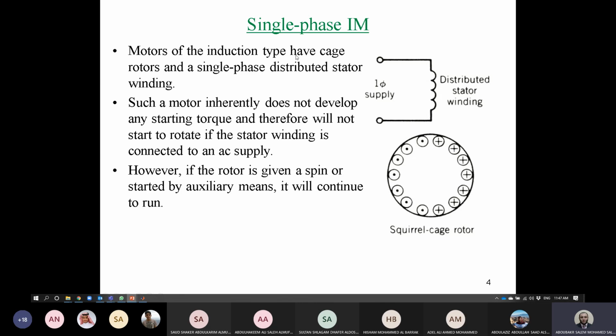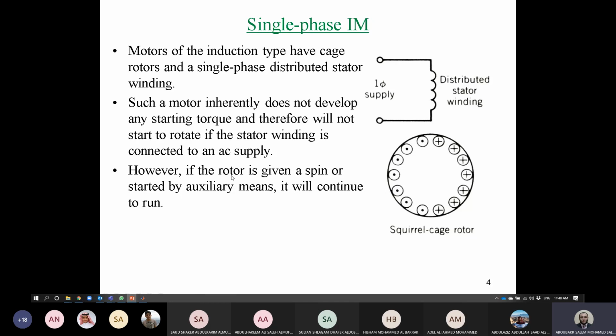Motors of induction type have a cage rotor and a single-phase distributed stator winding, like what we could see here. Such a motor inherently doesn't develop any starting torque. This is a big issue here, Shabab. The starting torque is zero, and therefore it will not start or rotate the machine if we supply just by AC supply.